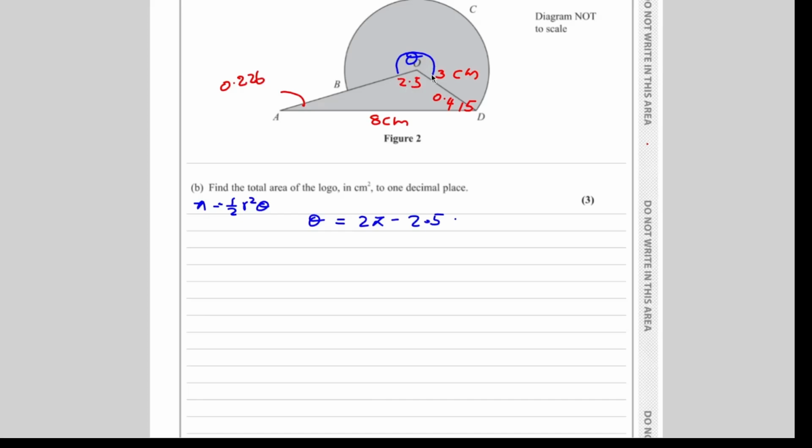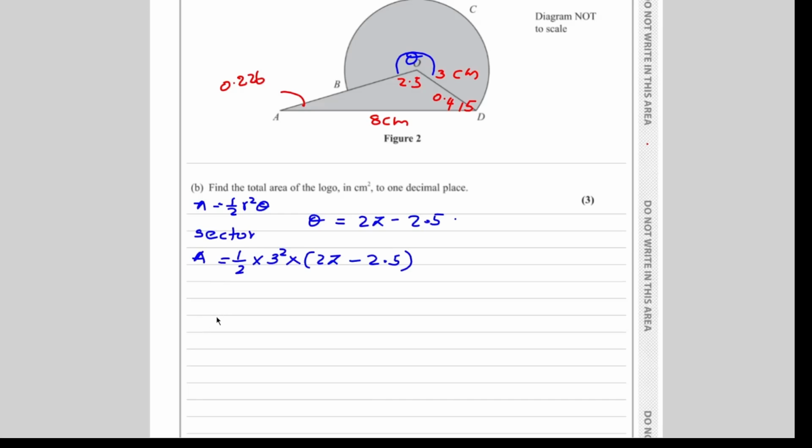Then to get this angle, it is 2 pi minus 2.5. Then A equals half, r is given as 3, squared, into 2 pi minus 2.5. So this is the sector area.